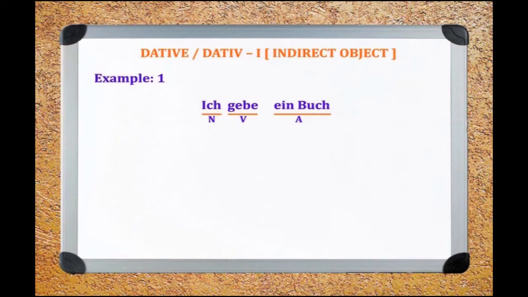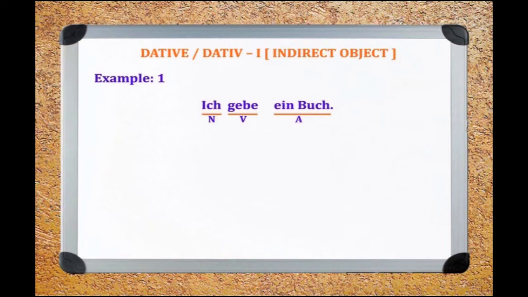That is the dative here, which as you can see is the Kind, which you know is child. Before the noun Kind, we have a word called dem, which is the dative article, as we call it.